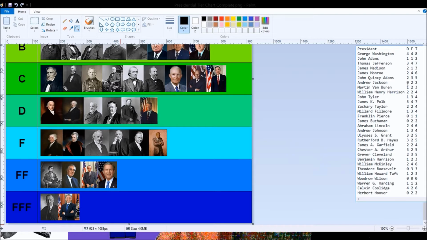And because of that, he gets 0 in domestic policy, also relating to his issues with economic policy as well. But ultimately, Andrew Jackson, I do not approve.